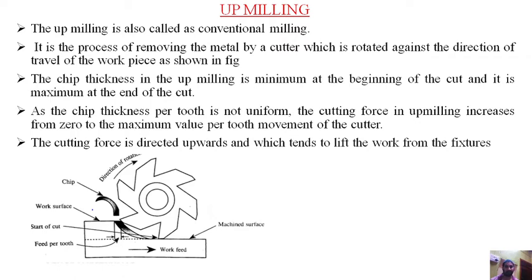It tends to lift the workpiece. Since the cutter is rotated in the opposite direction, it tries to lift the workpiece from the fixture, because the force is directed upward. This is not desirable in a cutting operation.